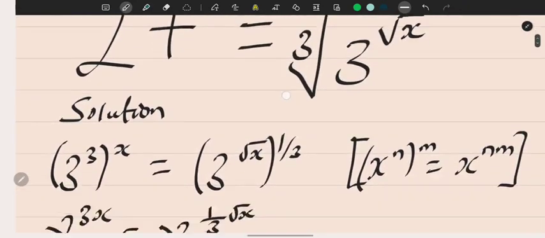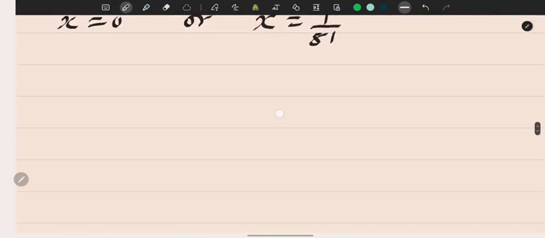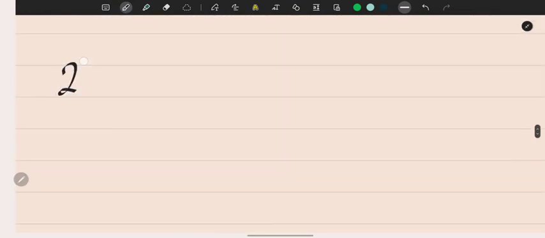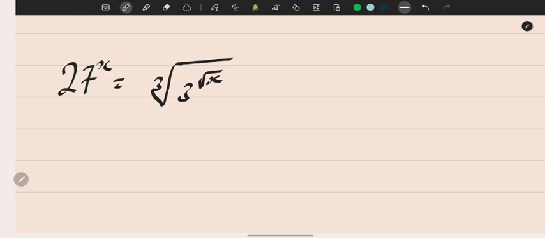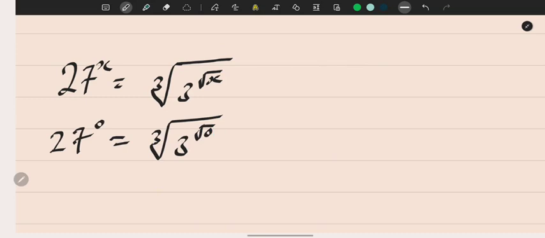We can actually check this from the question, where you have 27 raised to the power of x, to verify. Then we have the cube root of 3 raised to the power of root x. When x is 0, this is going to be 27 raised to the power of 0, then the cube root of 3 raised to the power of root 0.